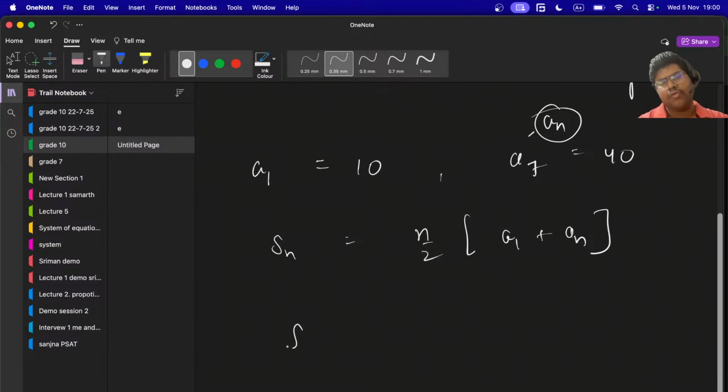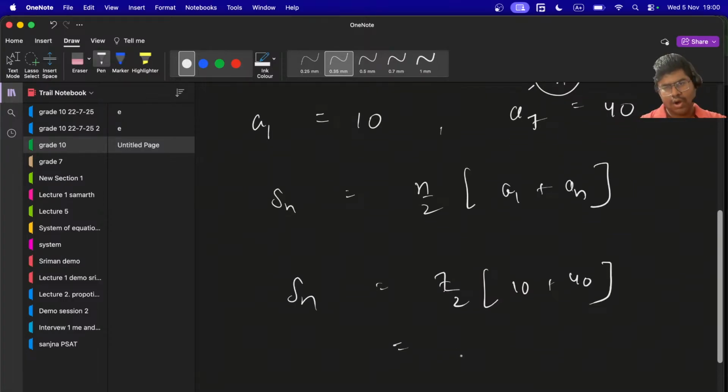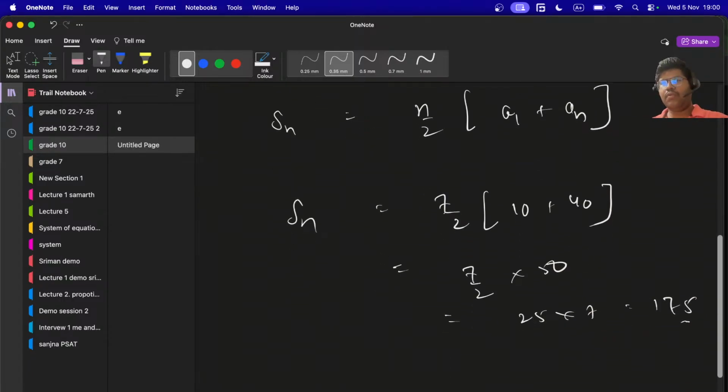So I can write n equals 7, so 7 over 2 times 10 plus 40. As soon as I solve, I get 7 over 2 times 50, which is 25 times 7, which is nothing but 175. So I got the solution.